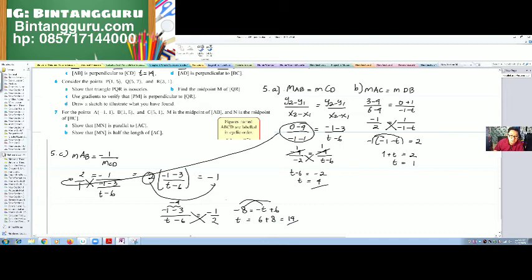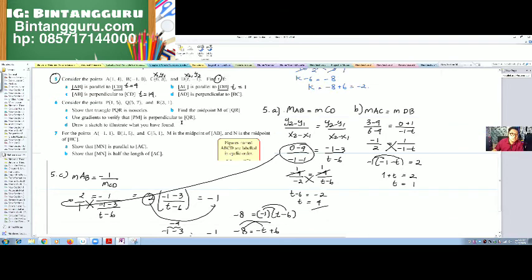In this case, negative 8 equal negative 1, and then we multiply by t minus 6, and then we open the bracket. So negative 1 times t is minus t, negative 1 times negative 6 will be positive 6. So basically you just combine the equation. Okay, so that's the answer.